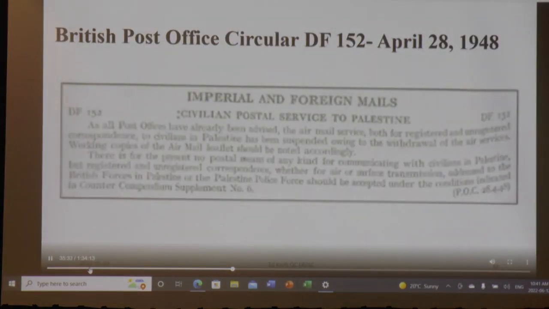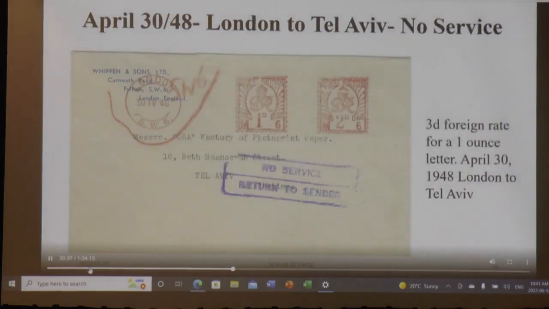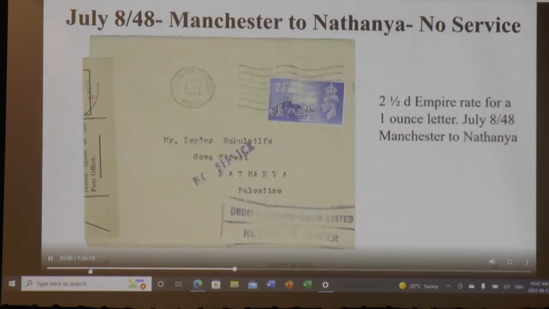And finally, April the 28th, Britain says no more civilian postal service to Palestine. So here's what happened if you tried to take a letter to the post office in Great Britain. April the 30th, 1948, you couldn't send it to Tel Aviv. Here was some commercial mail, no service, returned to sender. And by the way, these are hard pieces to find for those of you who are wondering when you see no service mail, interrupted mail service.